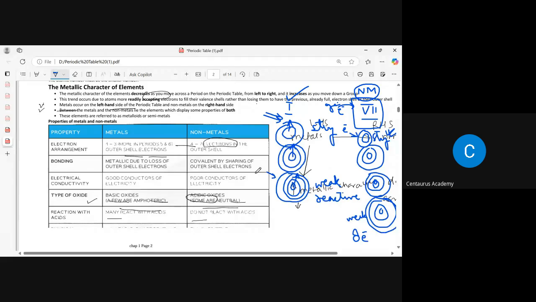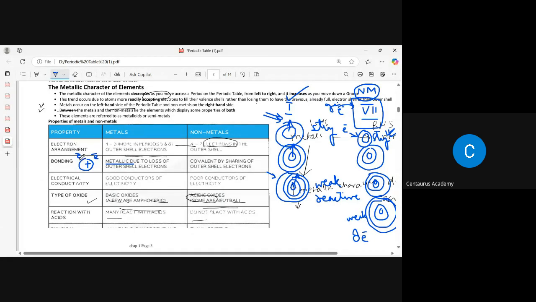All right, now we're going to take a look at the properties of the metals and the non-metals. Metals have approximately 1 to 3 electrons in their outermost shell, and non-metals tend to have 4 to 7 electrons in their outermost shell. Metals have metallic bonding, which is basically present because of the positively charged cations and a sea of delocalized electrons.